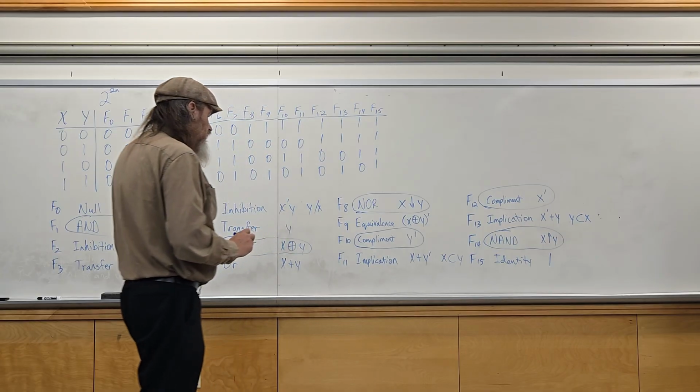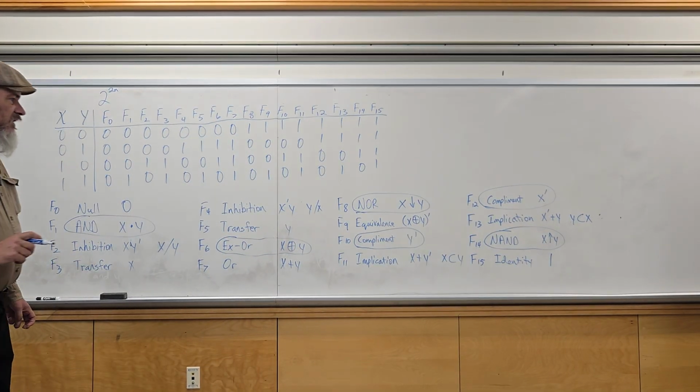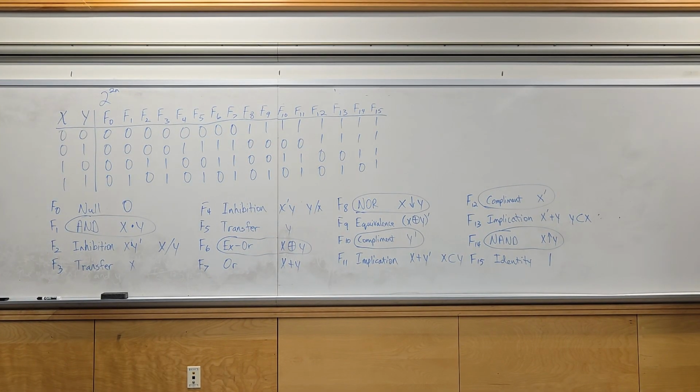Those are the only 6 that are typically implemented, because the inputs are interchangeable on those. So it doesn't matter if it's Y and X or X and Y. It's symmetrical. You can implement that easily on a chip.